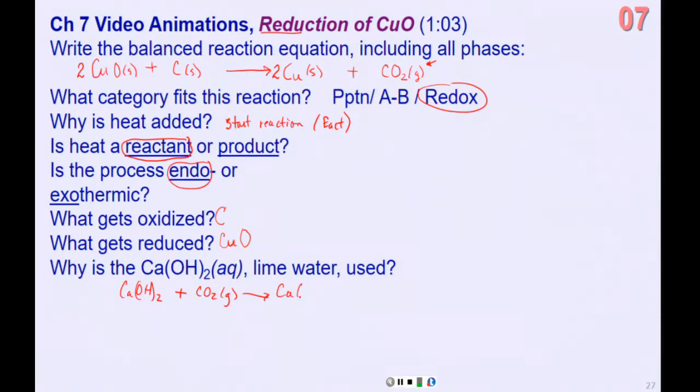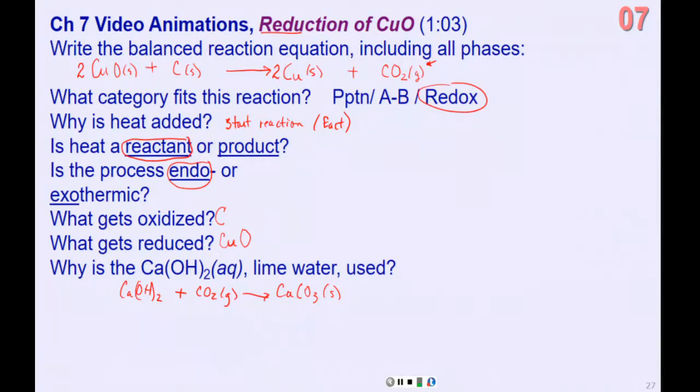That is one way of determining that the gas being formed is indeed carbon dioxide. We don't have to balance that whole equation, but it's just a means of detecting the carbon dioxide that has been formed. Okay, that was an example of an endothermic process.